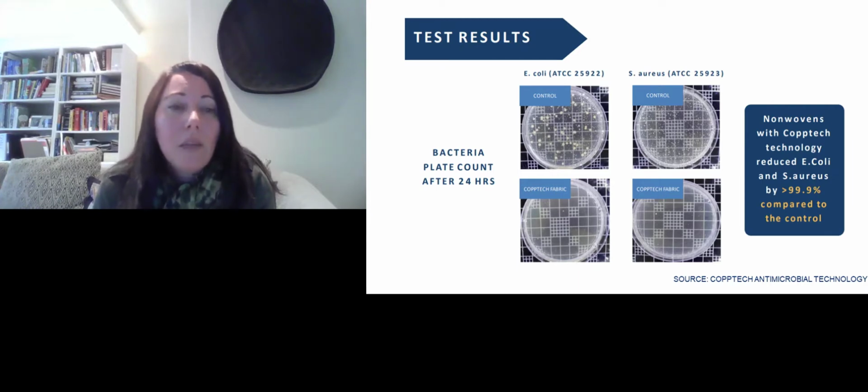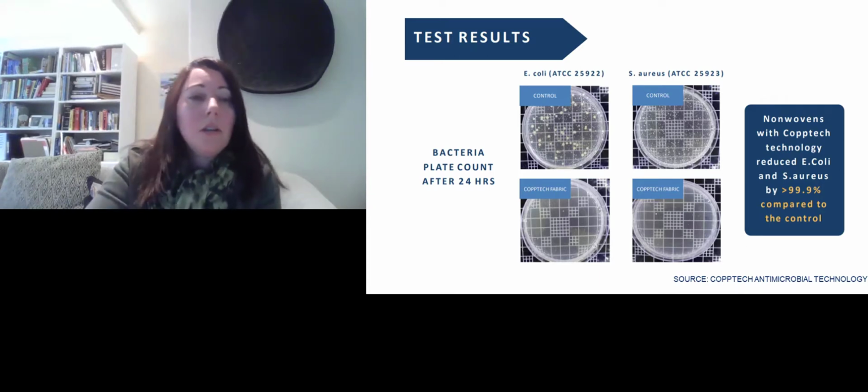And you can see that this plate count after 24 hours of adding the bacteria, that there was a reduction of the bacteria by 99.9% using the COPTECH fabric. So that's what this shows. If you'd like to see more specific test results and testing, then I can provide that to you separately, because there's a lot of parameters around testing.